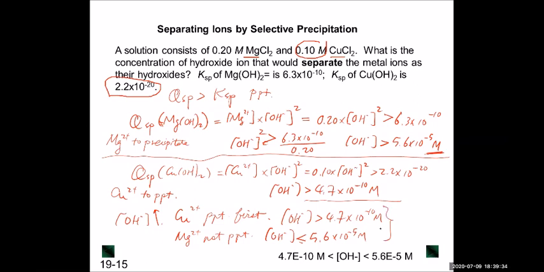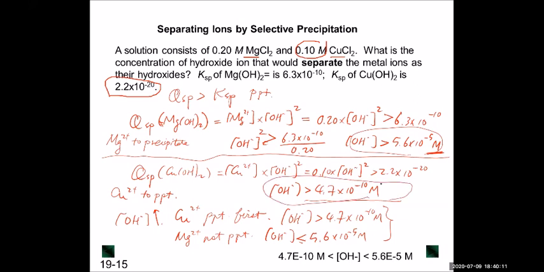The actual way of finding the range is basically, we calculate the concentration of the precipitating ion required for each ion. That's why we calculate the hydroxide for magnesium first, one by one. What is the concentration of hydroxide needed to precipitate magnesium? And also, because we have Ksp for copper(II) hydroxide, we do the copper(II) hydroxide the same. Let's find out what hydroxide is needed to precipitate copper(II) ions.